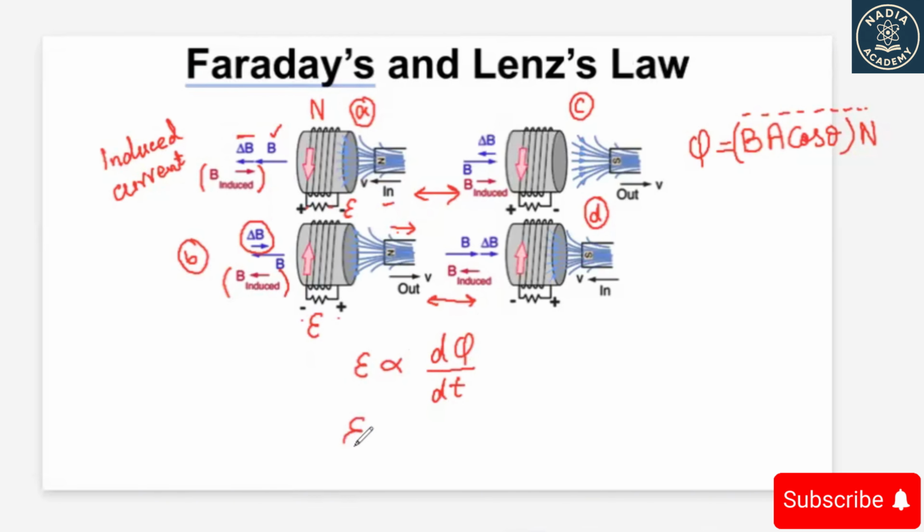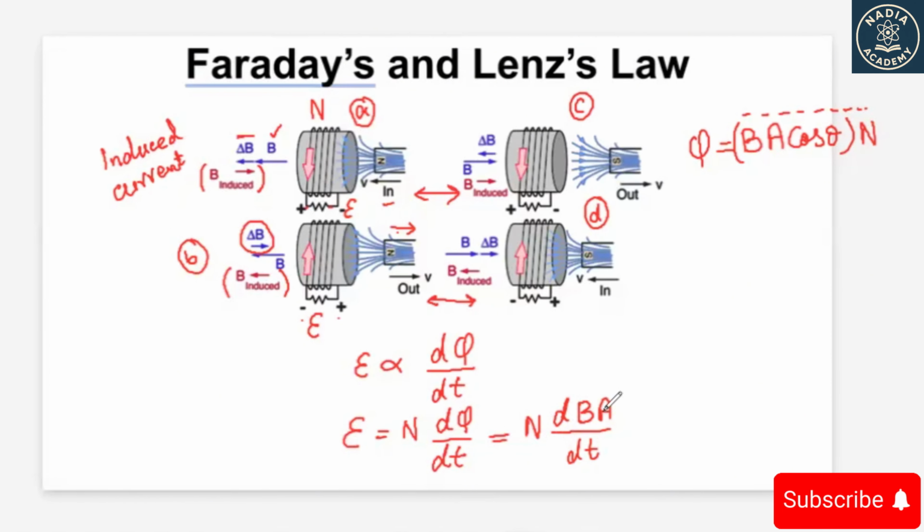And this will be equal to N d phi divided by dt, where N is the number of turns in this coil. So our induced EMF will be equal to N, where phi is equal to magnetic flux density times cross-sectional area, divided by dt. It is the first order derivative.